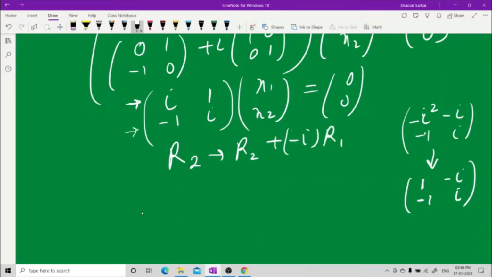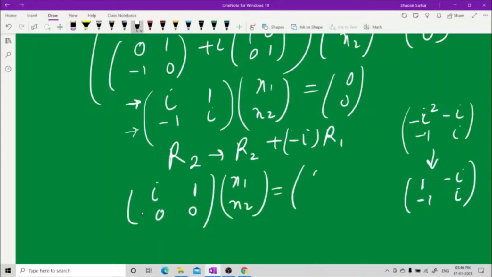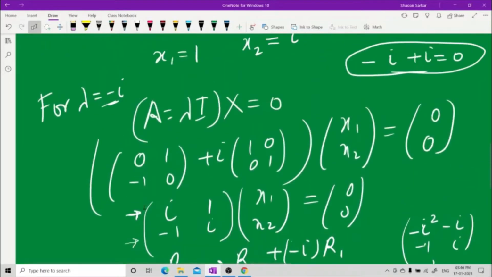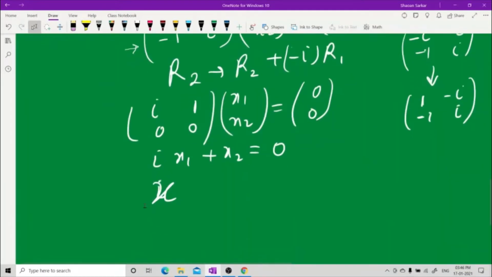So this becomes i, 1, 0, 0, x1, x2, and this becomes 0, 0. So now you have i x1 plus x2 equal to 0. So you can take x1 as i, and x2 as plus 1.